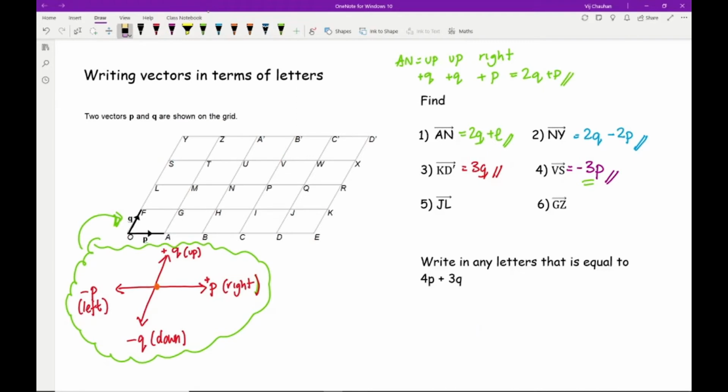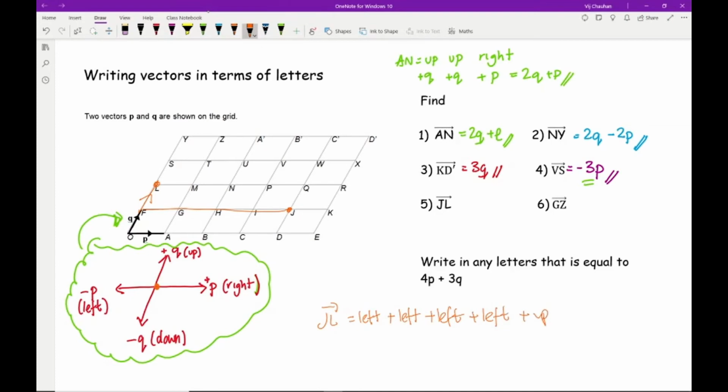So let's get rid of all this. J to L: let's first find J and let's find L. Again I'm going to go this route here. So here I'm going to go left 4 places, so left, plus left, plus left, plus left, plus up.